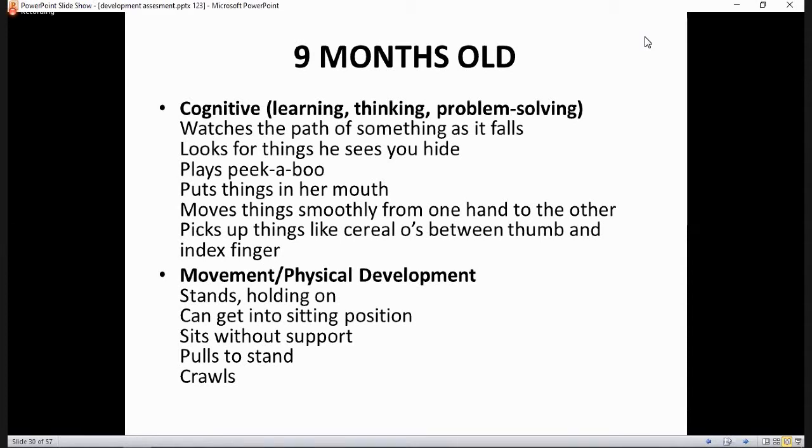They can hold the rattle between the thumb and the index finger at 9 months of age. The 9-month-old child can stand up, can get into a sitting position, can sit without support. It also pulls to stand and may crawl.